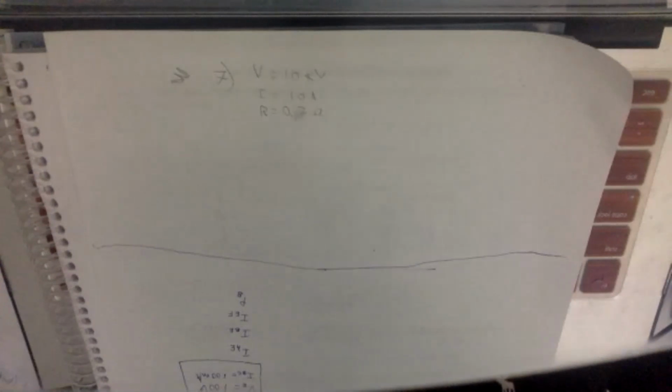All right. So they're trying to trick you with this voltage, right? You can just take it out because technically there's going to be a voltage drop across the line, so it's not experiencing the full 10K. Just useless information. So this is literally just Ohm's law.